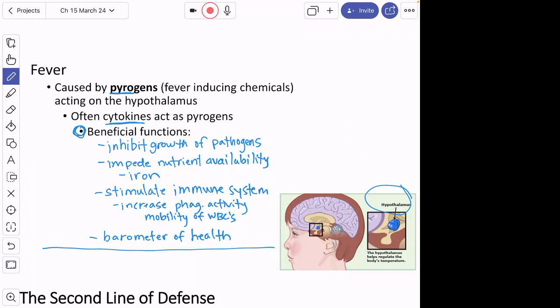Most physicians say that it's okay to go ahead and treat it. That the discomfort that a fever causes somebody is not enough to speed up your healing, that you might as well just treat it because all of these benefits really don't add up to a huge benefit. So you might as well make yourself a little bit more comfortable.